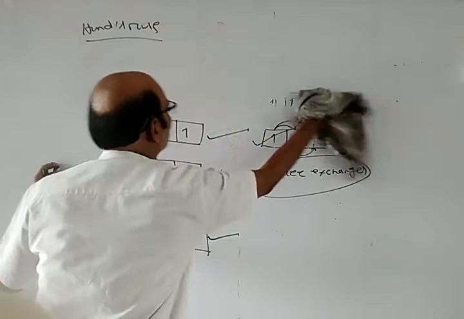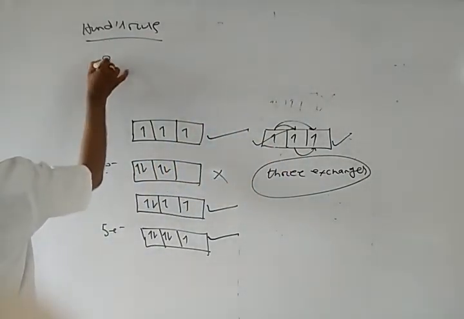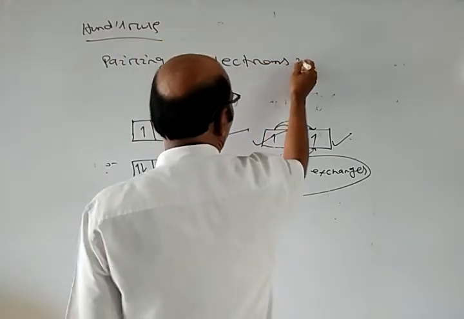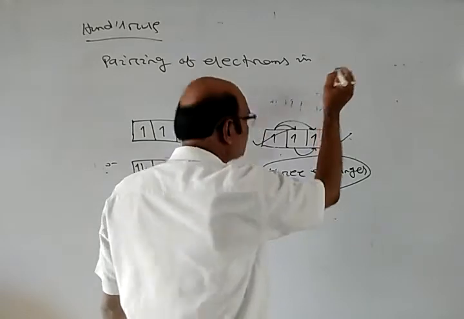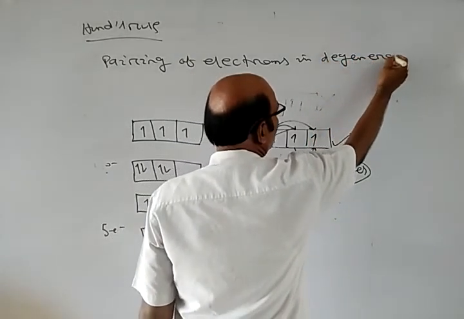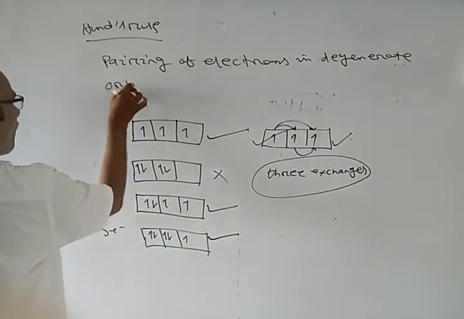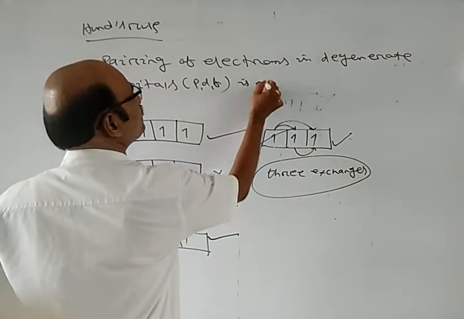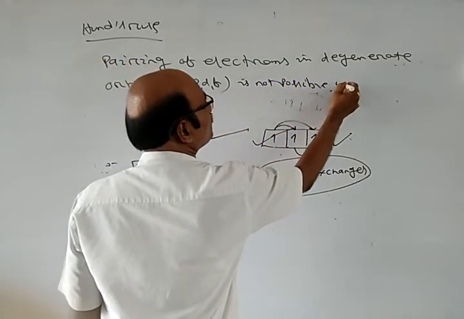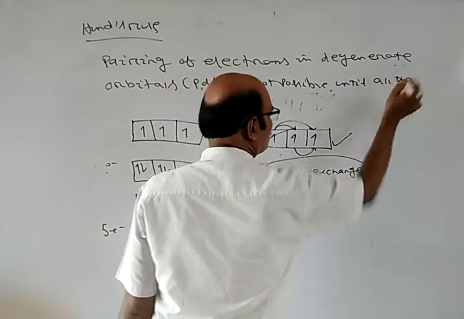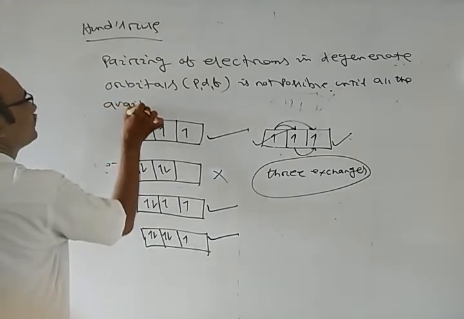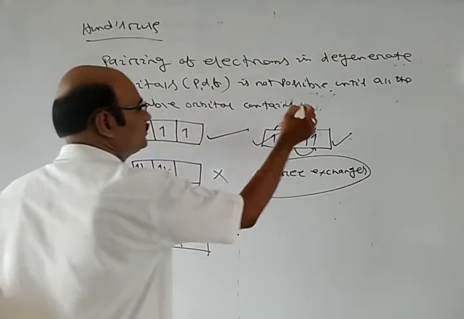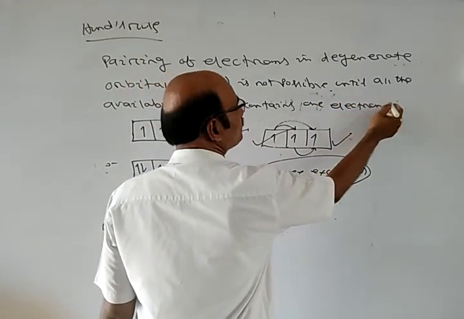So what you can say? Pairing of electrons in degenerate orbitals, p, d, f, okay, is not possible until all the available orbitals contain one electron each.